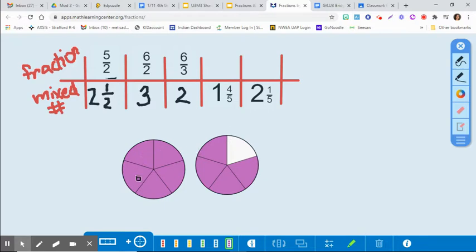We have 1, 2, 3, 4, 5, 6, 7, 8, 9 fifths. So our improper fraction then would be 9/5. The fifths part stays the same.